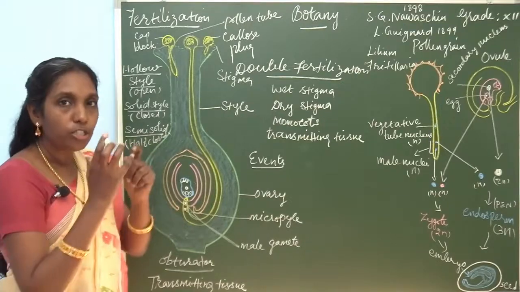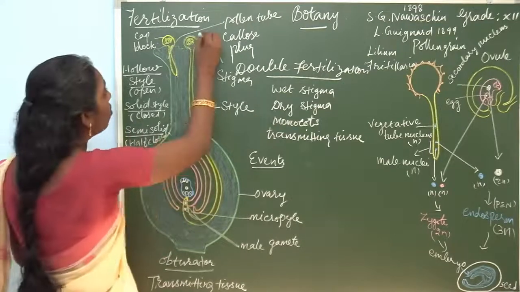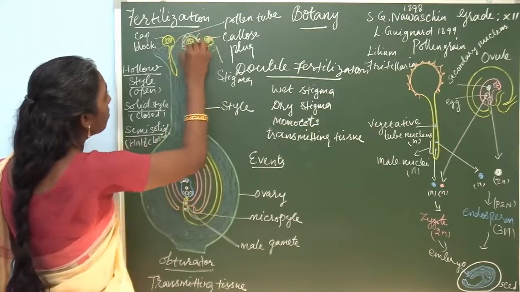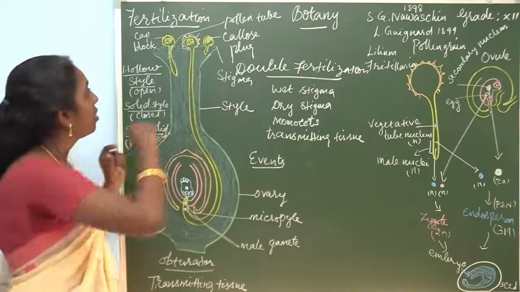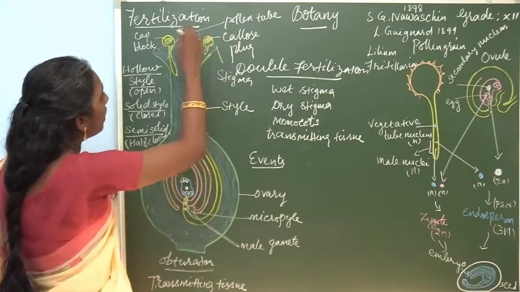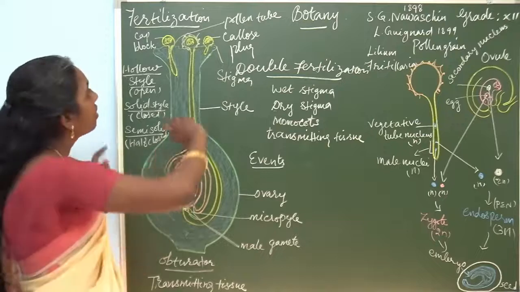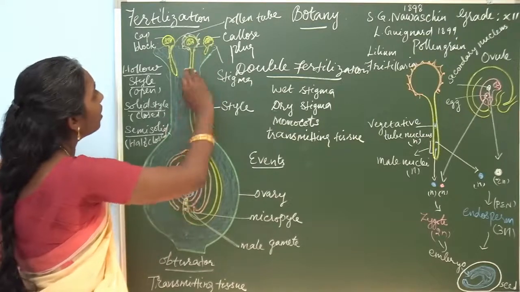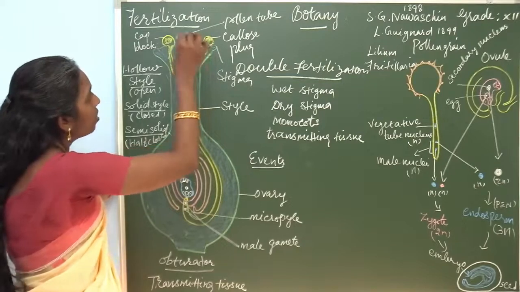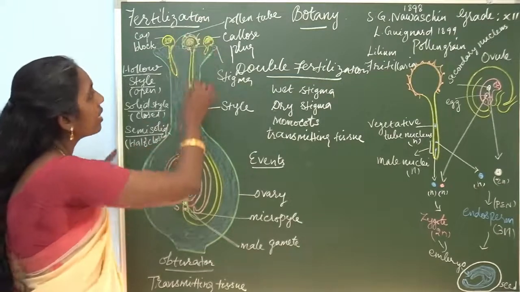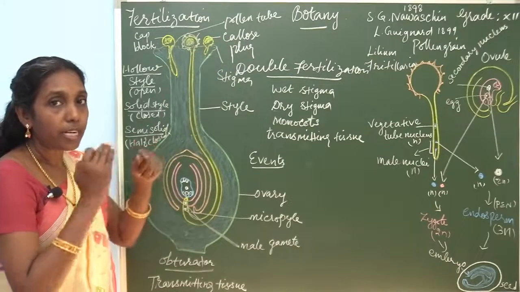When the pollen tube germinates, the pollen wall, the outer wall, discharges all its content into the pollen tube, and this cytoplasmic content is deposited in the extreme tip. It is called the callose plug.